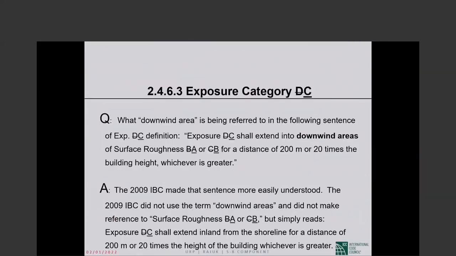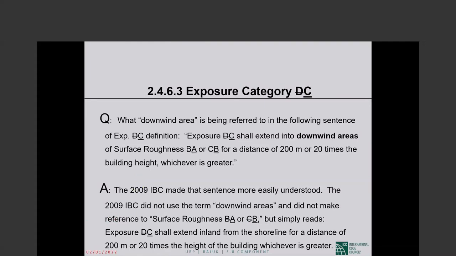So we found much better language in the 2009 IBC. The 2009 IBC made that sentence, the ASCE 7 sentence that talked about downwind distance, more easily understood.